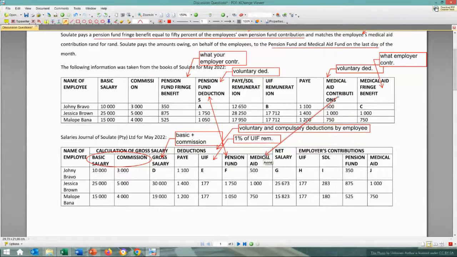Okay. Then number D, how do you think we work out the net salary? How do we work out the net salary?